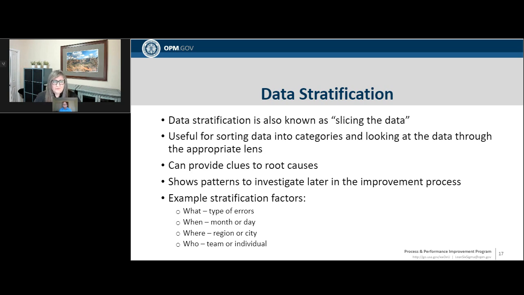So we really focus on the process outputs, or what we often call the Y, as opposed to the x-axis, and looking for those clues and those root causes, and utilize this as a way to verify or continue to unpack and uncover what some of those challenges, the root causes, are within your process improvements.